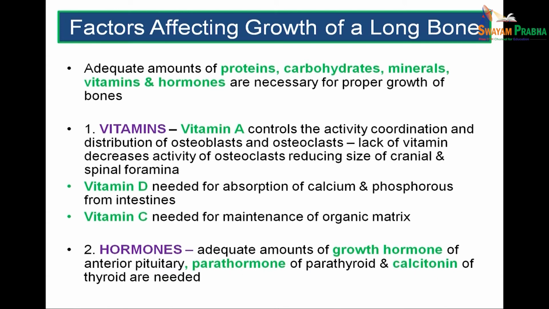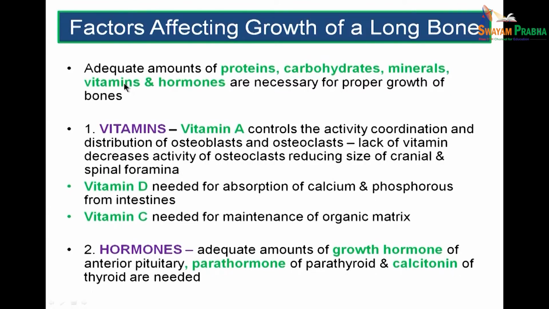When we think about children who are growing, their bodies are actively growing, their bones are actively growing. Children need good nutrition supplements. Why? Because their body is actively growing. Bones need vitamins, nutrients, a lot of nourishment in order to grow in a proper manner. So, adequate amounts of proteins, carbohydrates, minerals, vitamins and hormones are needed for bones to grow properly.